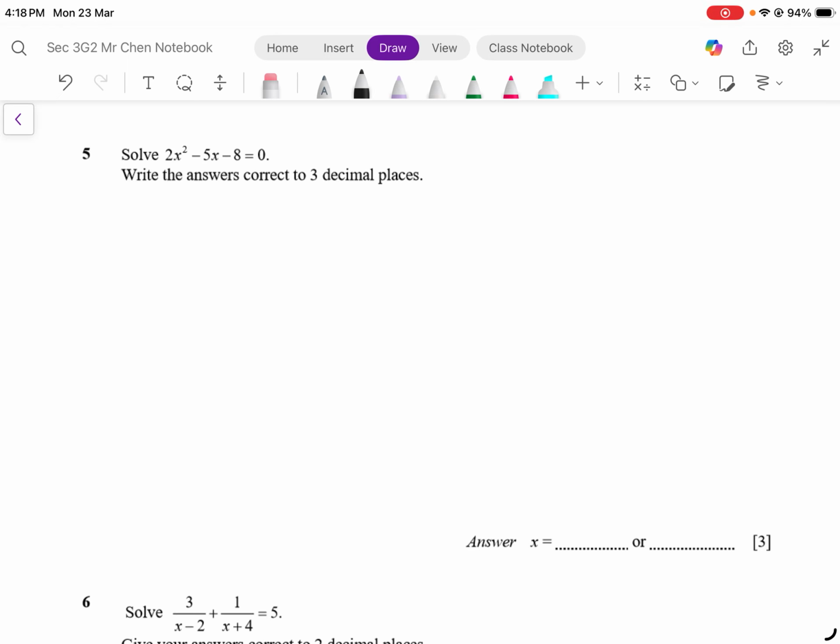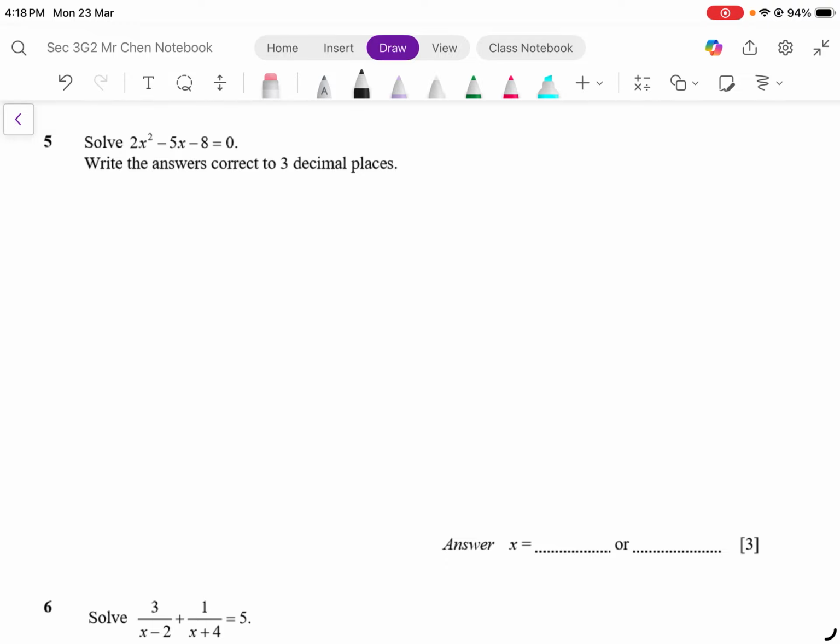Okay, question 5. Solve 2x squared minus 5x minus 8 equals to 0, 3 decimal place. Okay, so when in doubt, just use quadratic formula. But since they say it's 3dp, they never ask you to use completing the square. Right? If they want you to use completing the square, they will say.